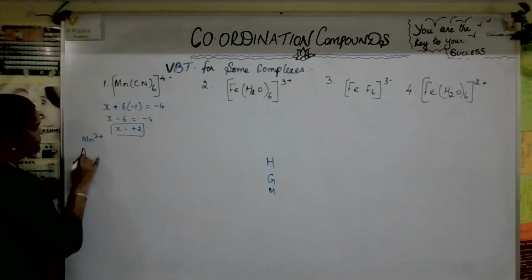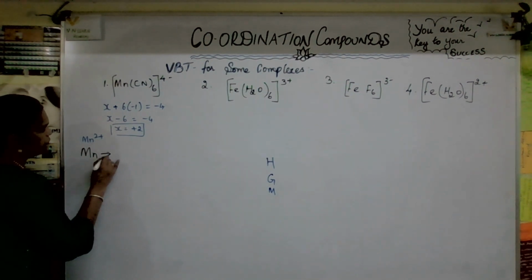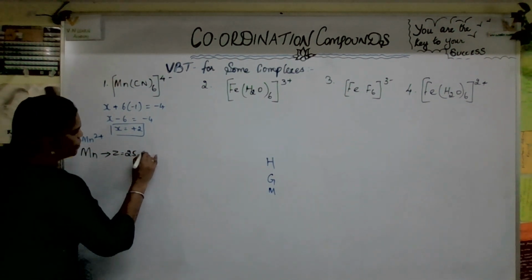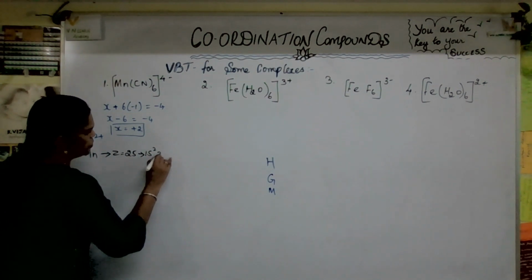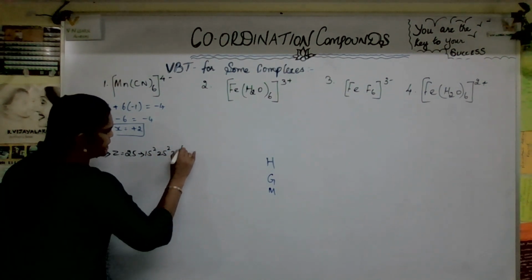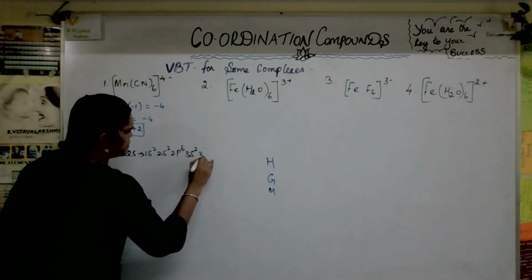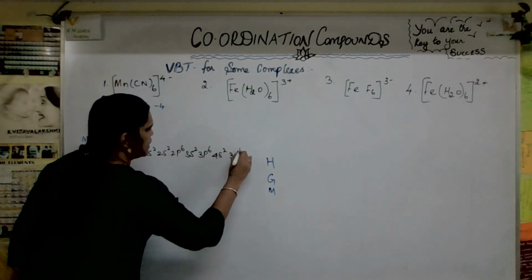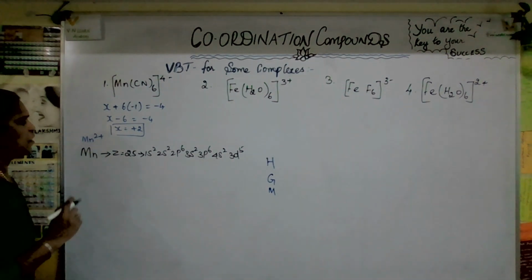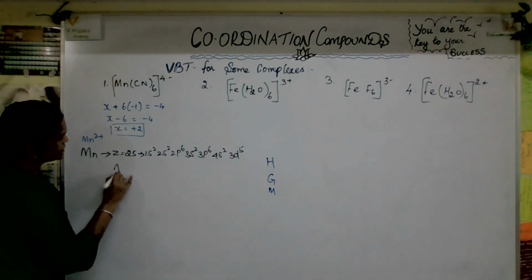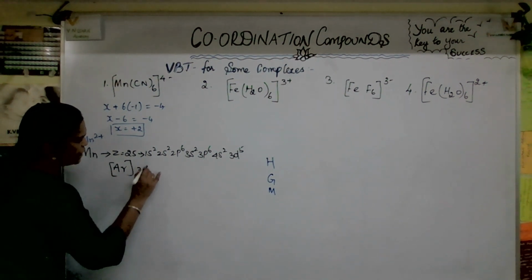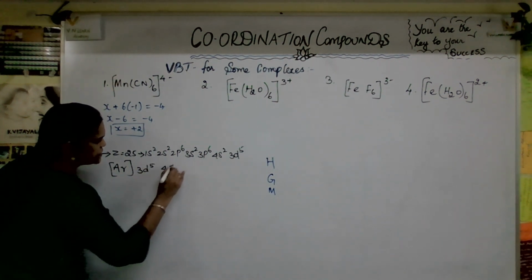Electronic configuration now. Mn atomic number Z is 25. So we can write 1s2, 2s2, 2p6, 3s2, 3p6, 4s2, 3d5. Yes? Shall we write it like this: [Ar] 3d5 4s2.